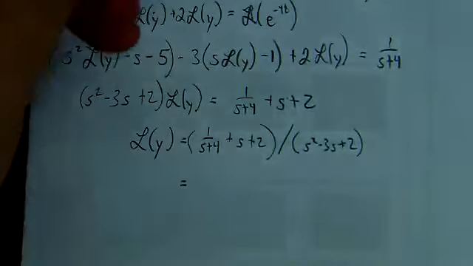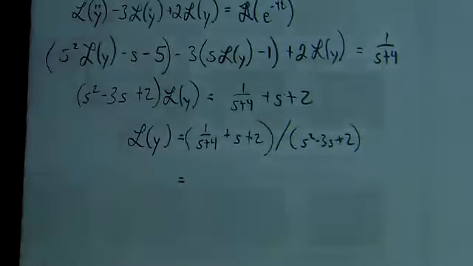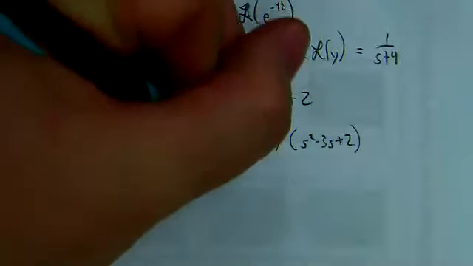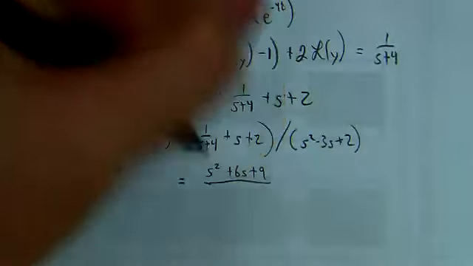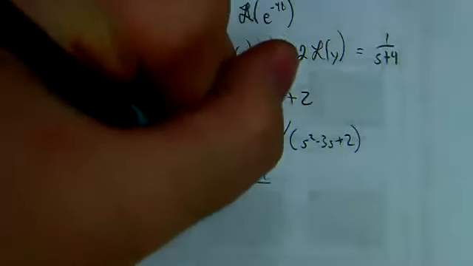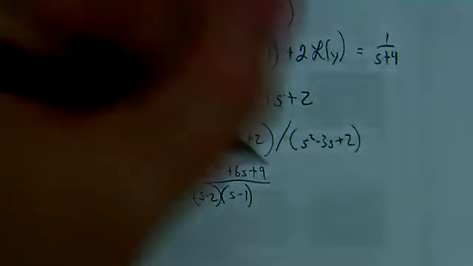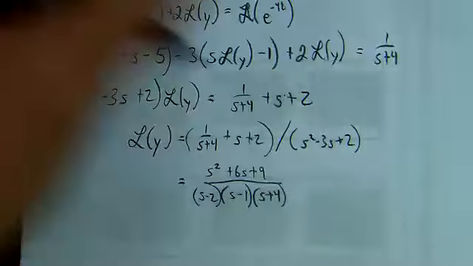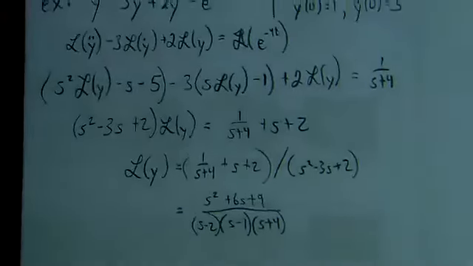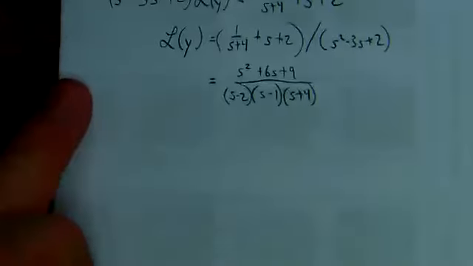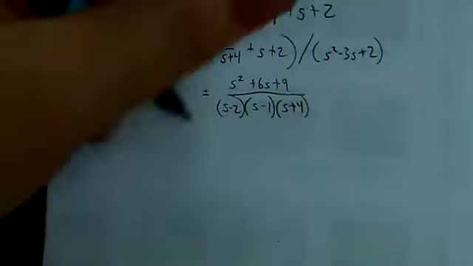And I get that this is s squared plus 6s plus 9 over s minus 2, s minus 1, s plus 4. So y, the solution to this differential equation with these initial conditions, has a Laplace transform of this.